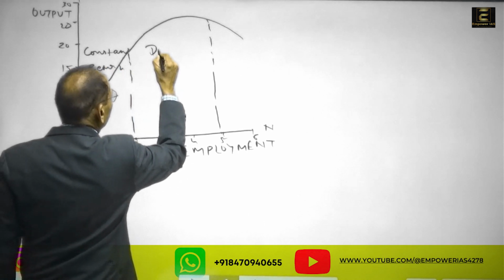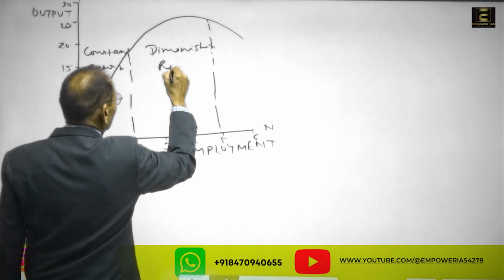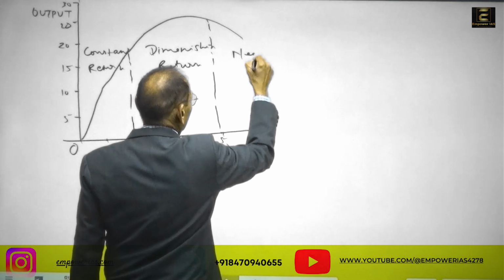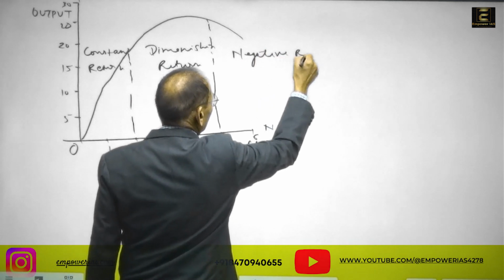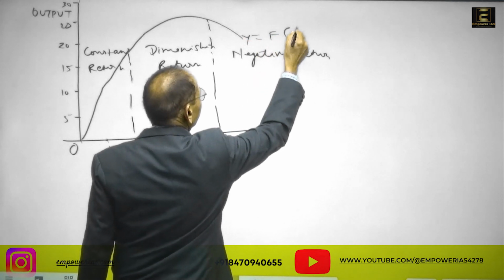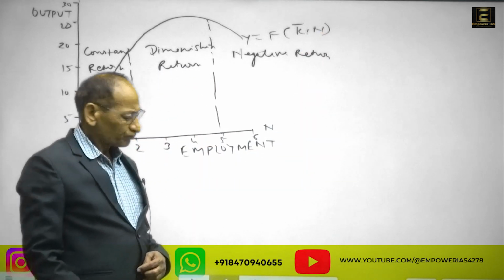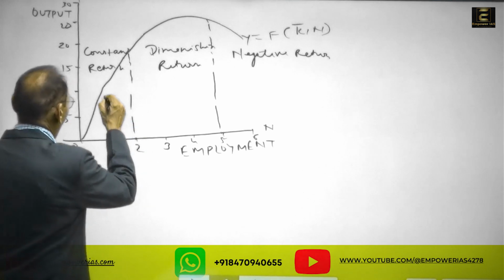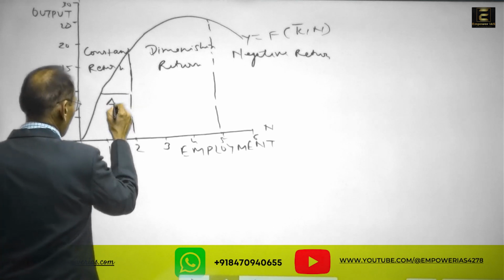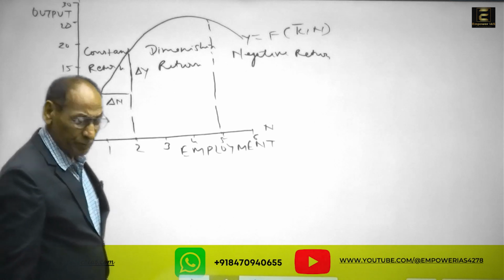Diminishing return, and this will show negative return. And this is the production function. N. And this one is delta n, and this one is delta y.